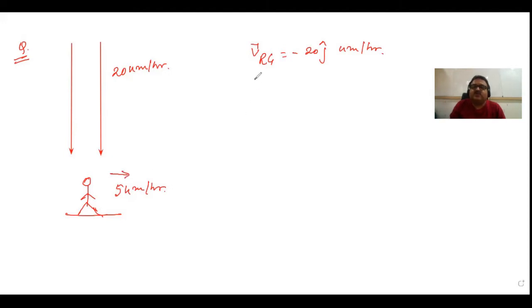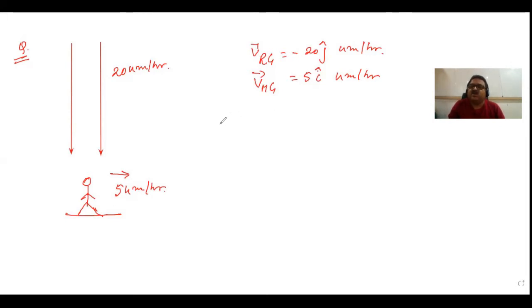So the velocity of the man with respect to the ground is 5 i cap kilometer per hour. Now the question is, in what direction does he need to open his umbrella so that he can protect himself from the rain, correct? So let me solve the question in this way.